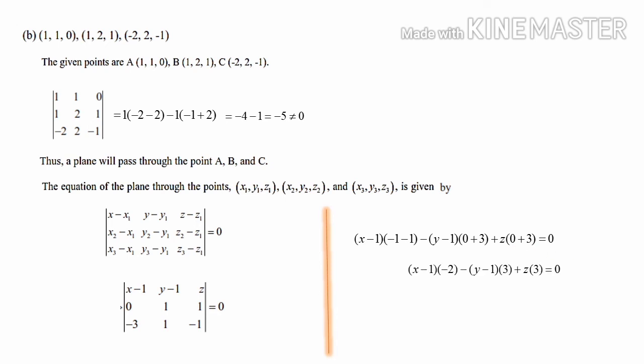Let's go for calculation. That is (x minus 1) into (-1 minus 1), that is -2, then (y minus 1) into (0 plus 3), that is 3, then z into (0 plus 3), that is 3, equal to 0.